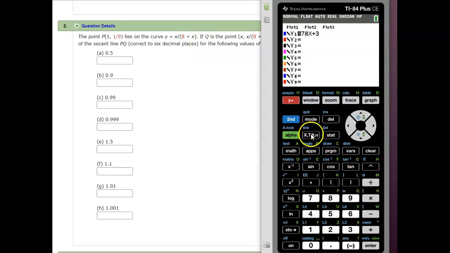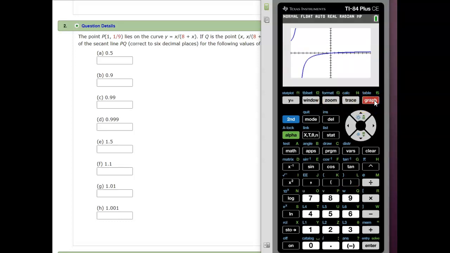This will be x divided by parentheses 8 plus x, and then I want to graph this and take a look at 1. So I'm going to graph, and I want to see what the instantaneous velocity is at 1.